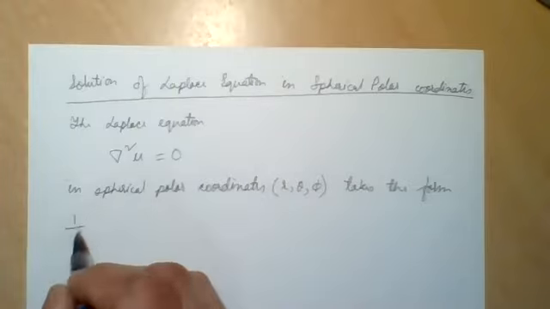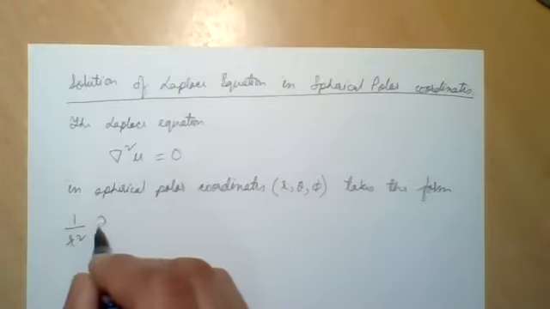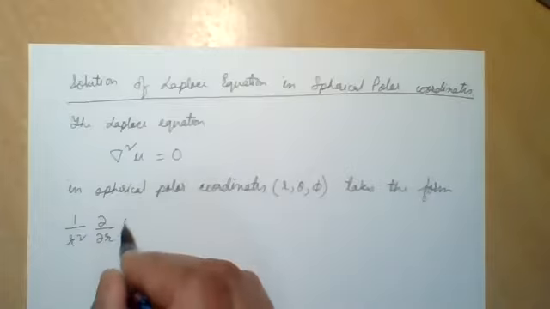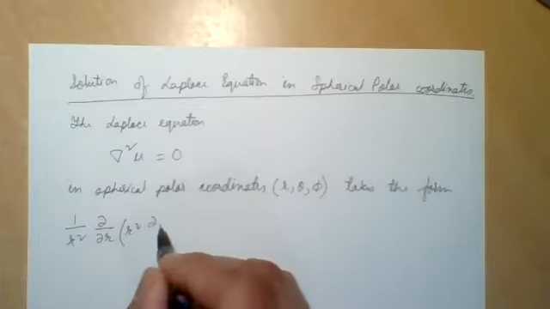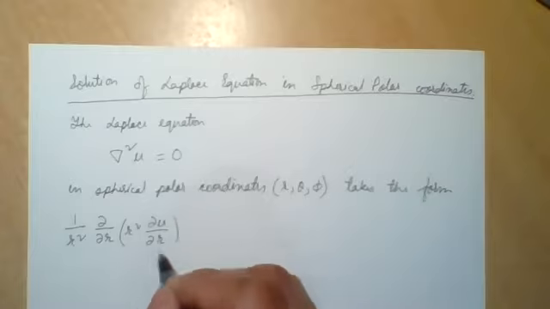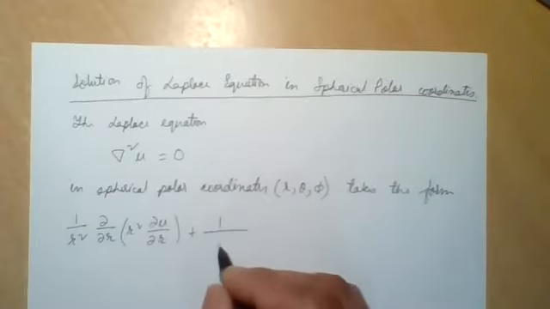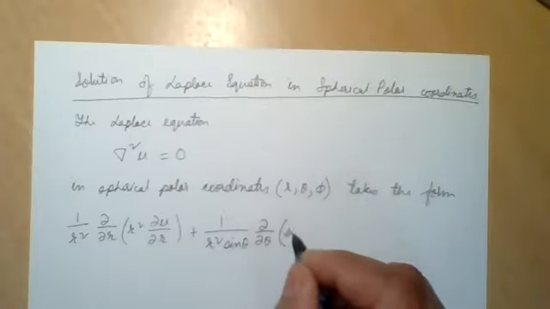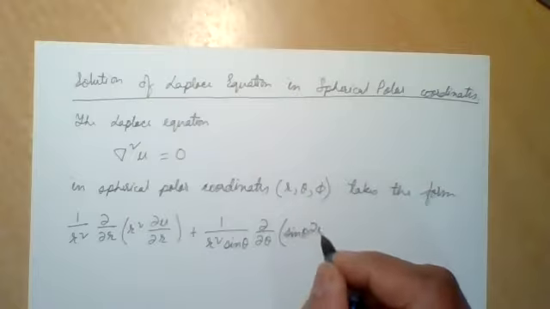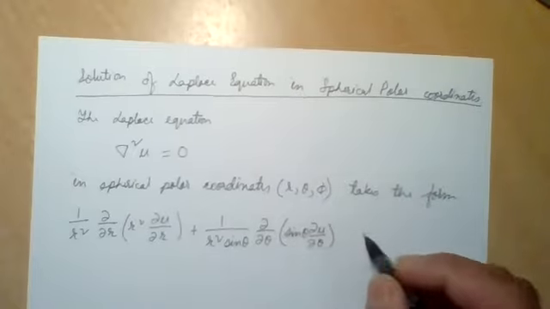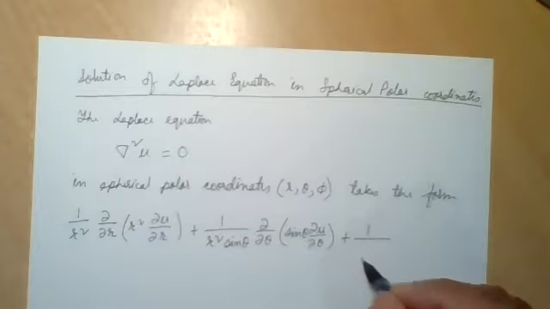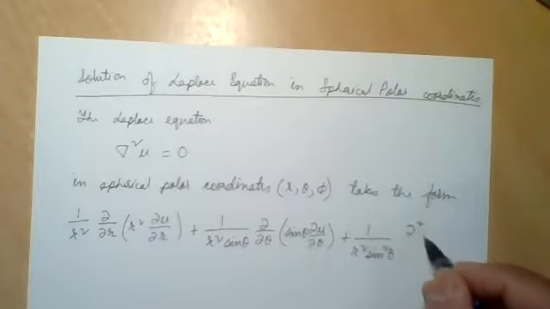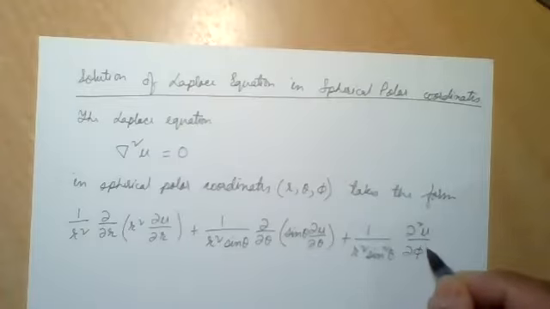It takes this particular form: 1 by r square, dou by dou r of r square, dou u by dou r, plus 1 by r square sin theta, dou by dou theta of sin theta, dou u by dou theta, plus 1 by r square sin square theta, dou 2 u by dou phi square.